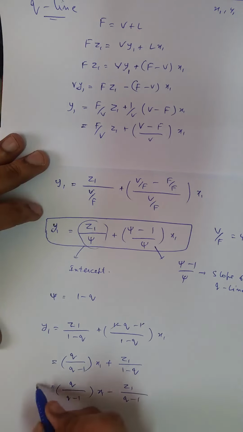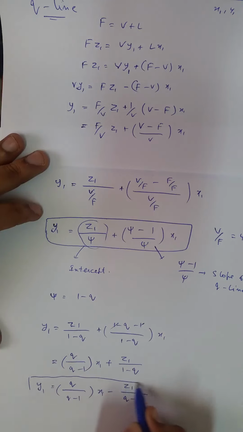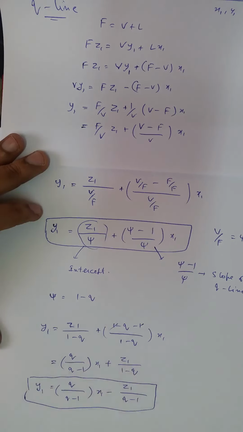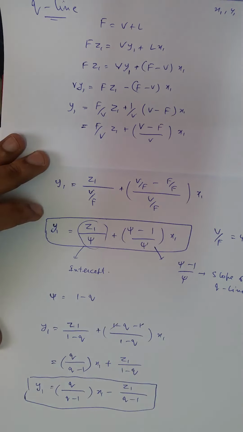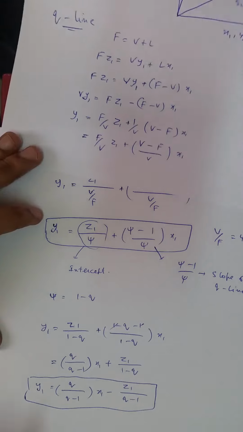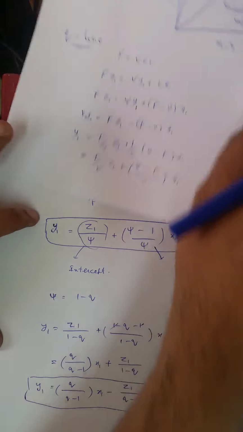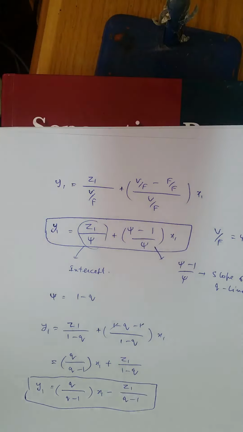So this is the actual equation given in chapter 7. So we have to use this in terms of q, and the earlier one in terms of psi. So whatever you like, we can use. This is all about the q line.